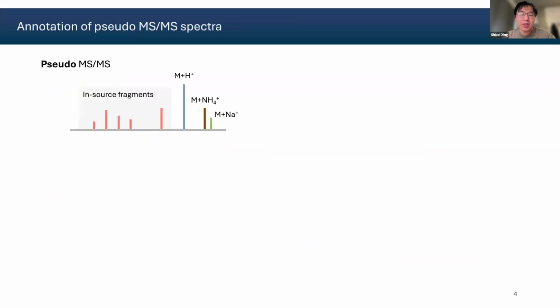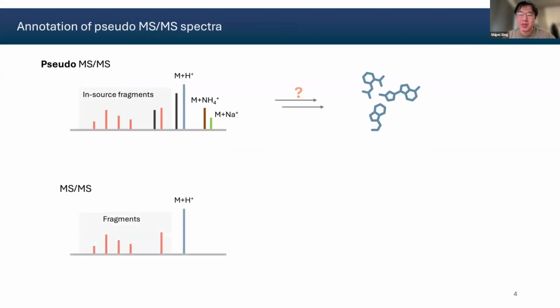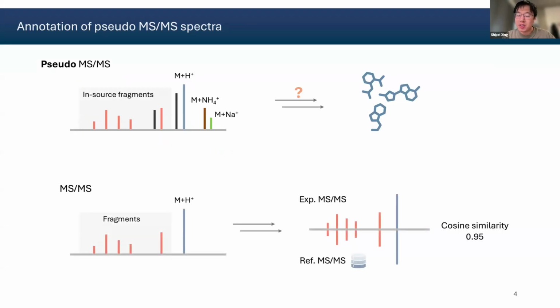So now that we can generate these pseudo-MS2 spectra, how do we associate chemical structures with them? For a usual MS2 spectrum, we would match it against the reference library, and hopefully get a nice matching score, which provides the structure annotation. And what about a pseudo-MS2 spectrum?